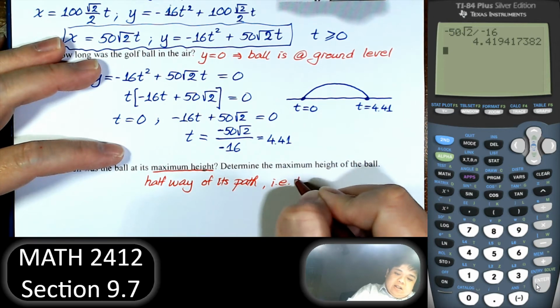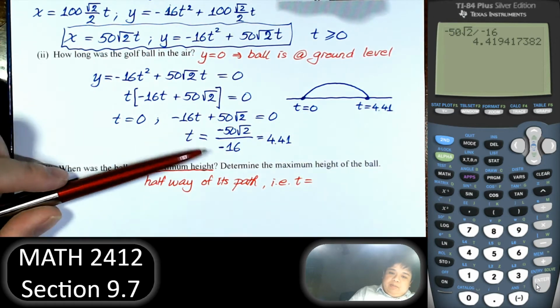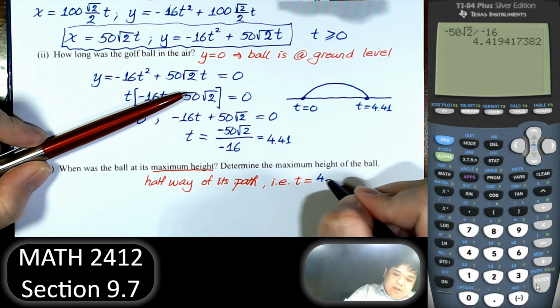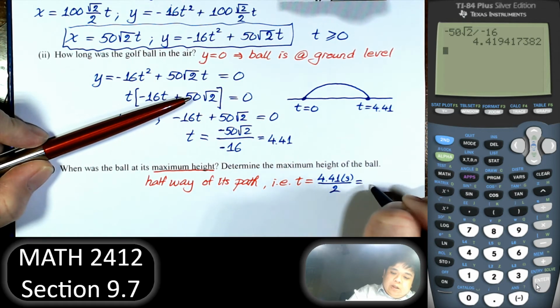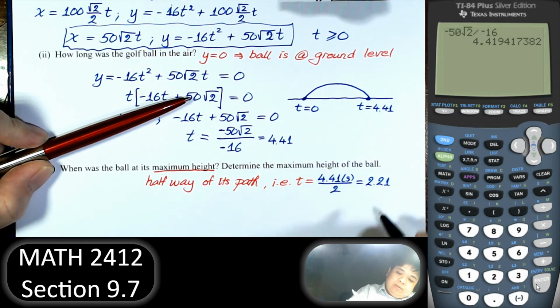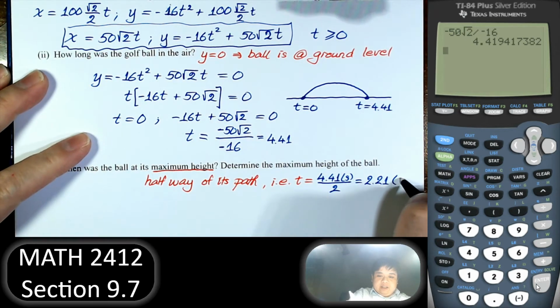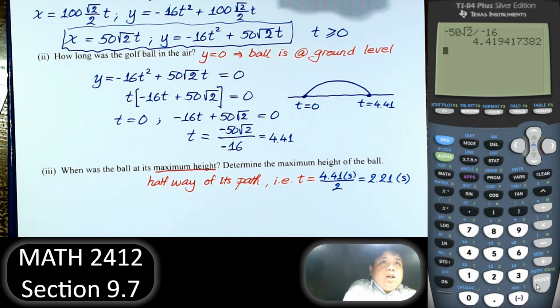Meaning that the time is equal to just that divided by 2. That's 2.21 seconds. So after 2.21 seconds, the ball is at the maximum height.